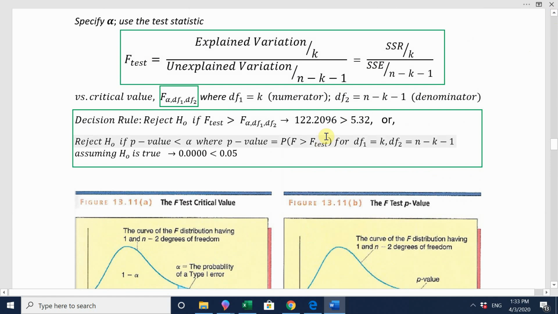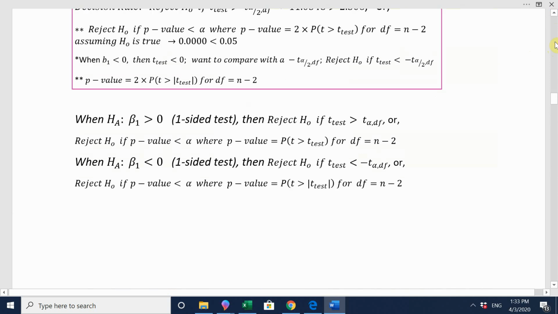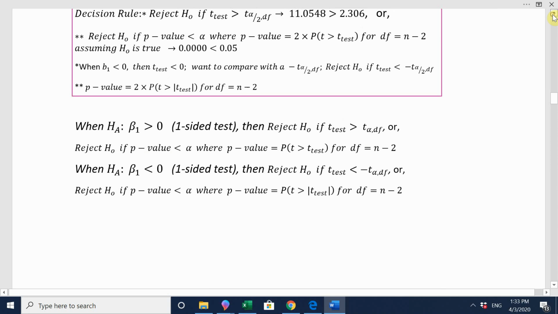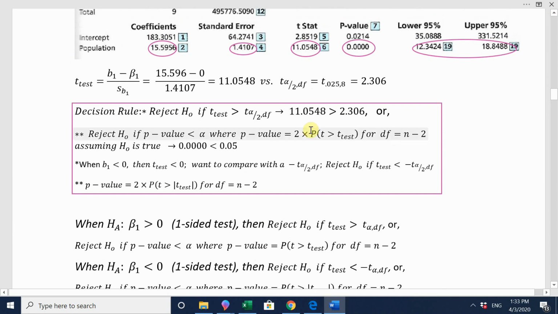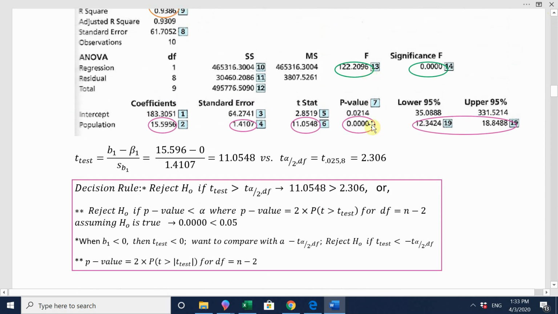Interestingly enough, if you remember the f-test value that I got in my second hypothesis test was 122.2096, right? And if you look at the previous test statistic that I got through the other hypothesis test, I got a t-test value of 11.0548. Well, if you square this 11.0548, you should get 122.2096 approximately.